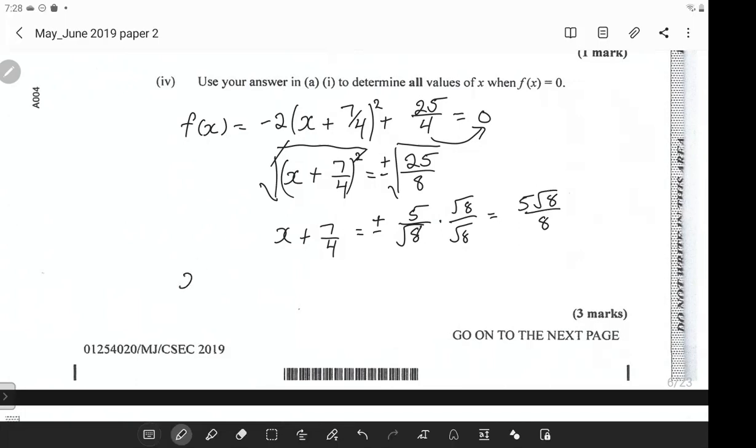And we can finally move across the 7/4. So we get that x is equal to minus 7/4 because we carry that across, and we can write 7/4 as 14/8, because we want to add up everything.